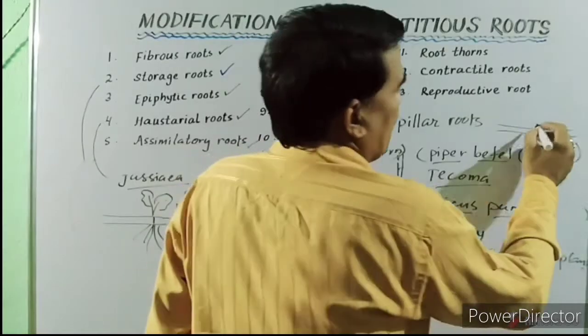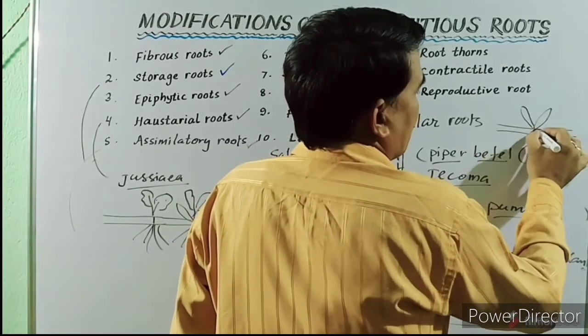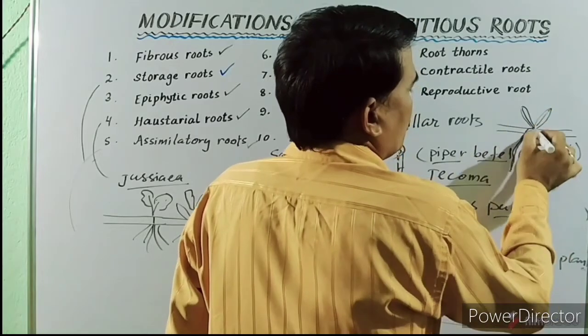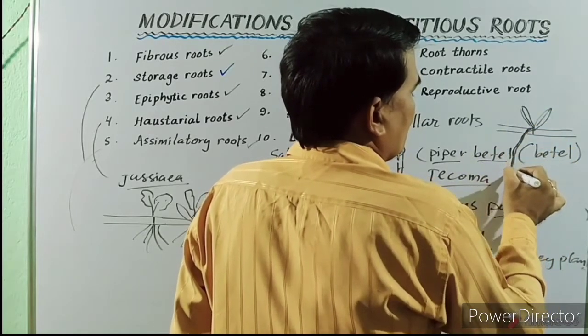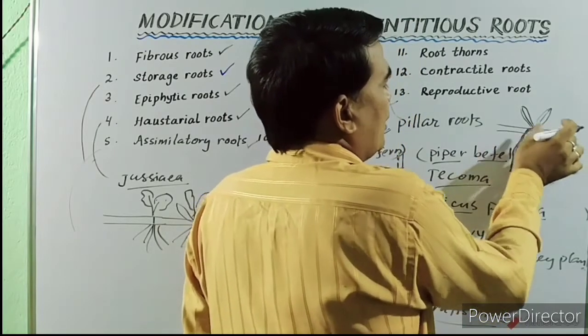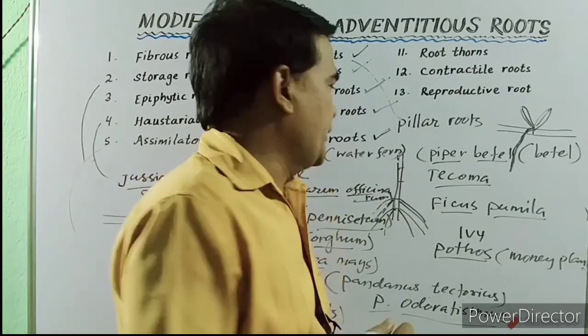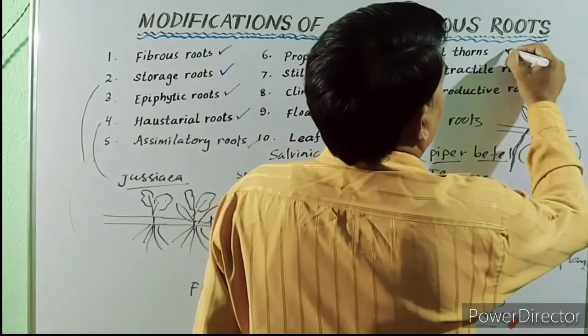Okay, like this. From each node, 3 leaves develop. One leaf becomes root-like and helps in balancing the plant over the surface of water. Okay, then root thorns.